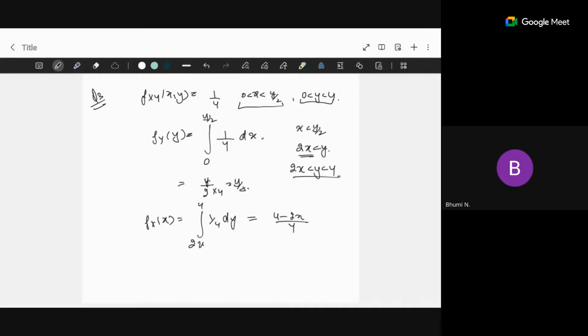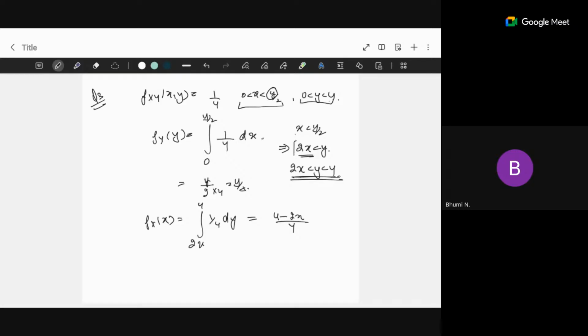See, here my x limits are from 0 to y by 2. Correct? Now, my y limit is from 0 to 4. Now, I need to find out the limits of y, correct? So in these x limits y is already included. If my x is less than y by 2, so 2x is also less than y.